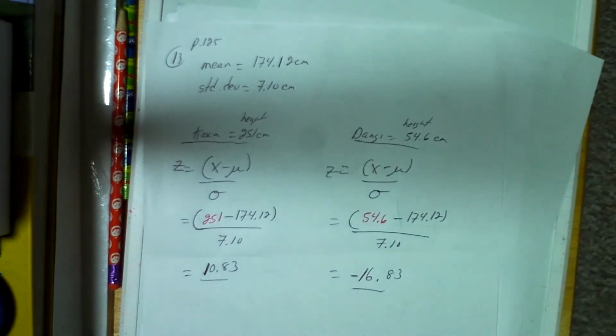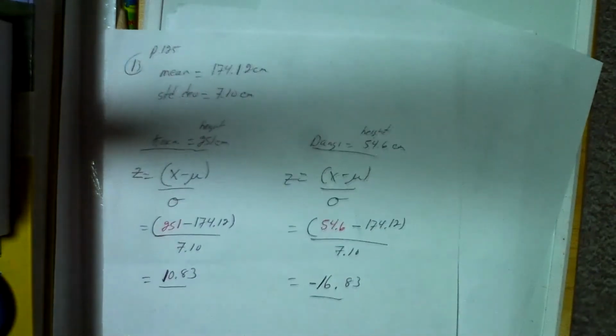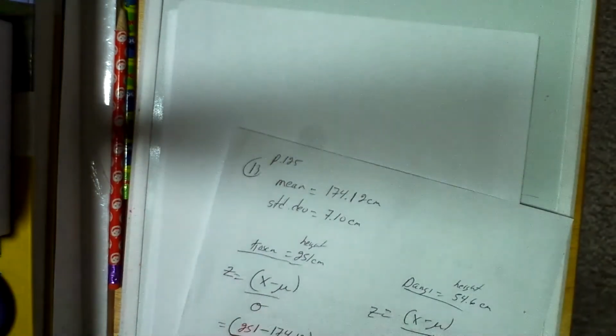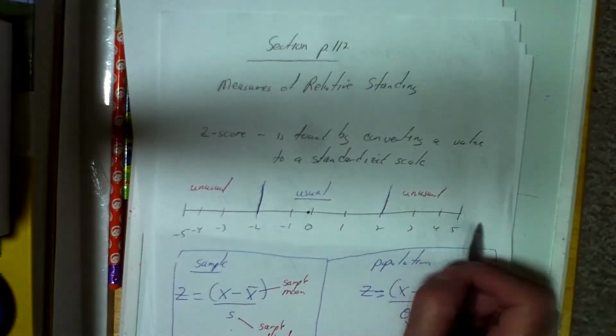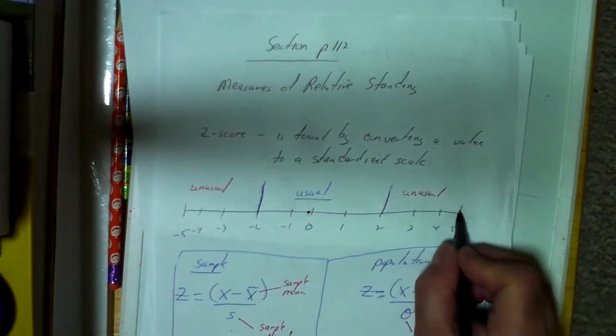So it looks like Mr. Dangy's height was much further than Mr. Kosen's. So let's look where Kosen's 10 is.